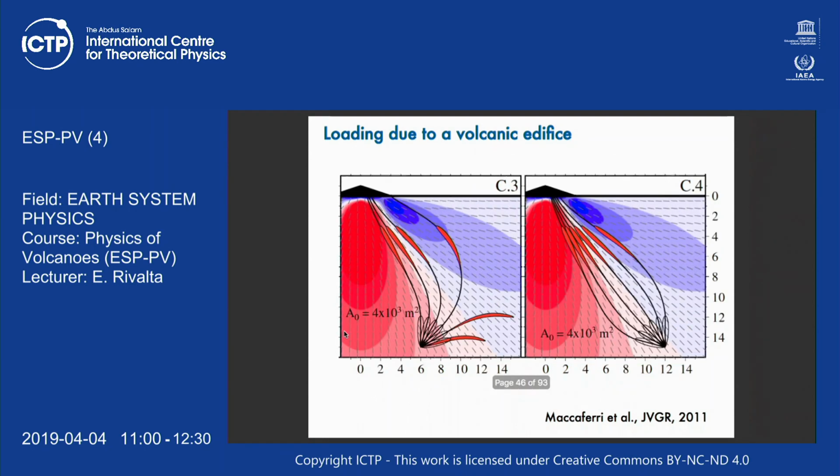Yeah, so next one is actually what happens if you start from the side, and again you can see that depending on how they start, they will go one way and they will go to the edifice, or they actually can go even the other way and then stop, because nothing more leads them to propagate, because they become horizontal.